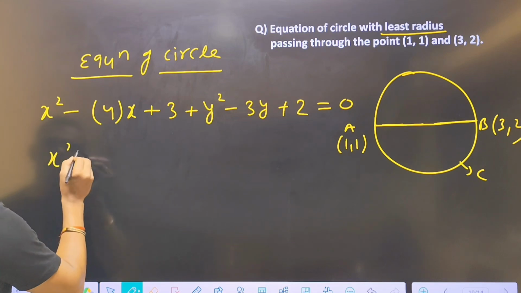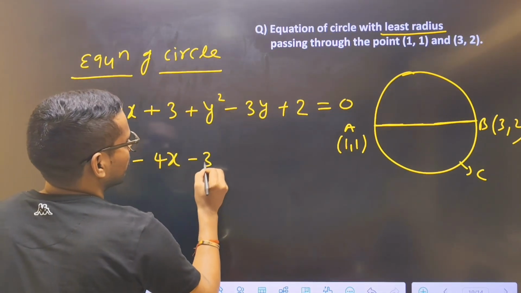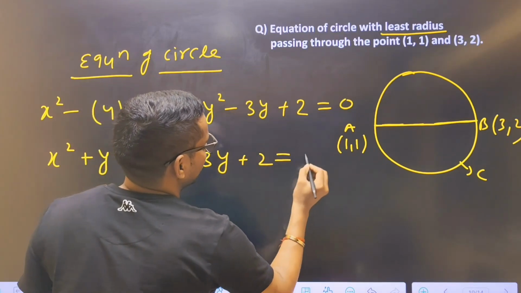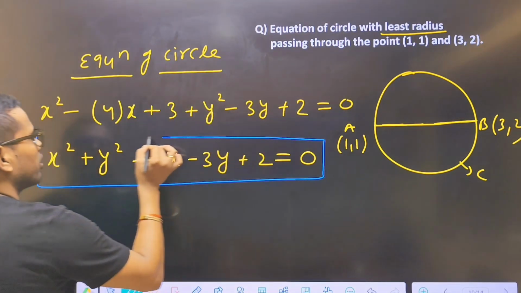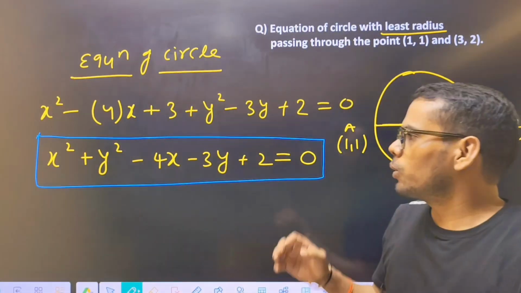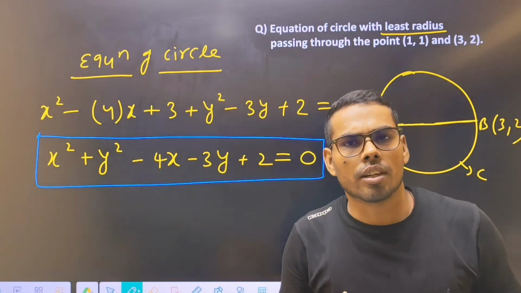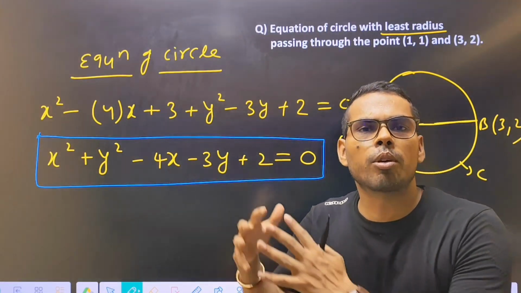Now what we got: x² + y² - 4x - 3y + 5 = 0. So this is the equation of the required circle. These are the basic things of the circle which you need to know to understand the concept of the circle.